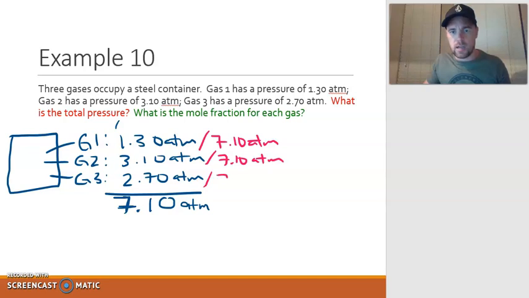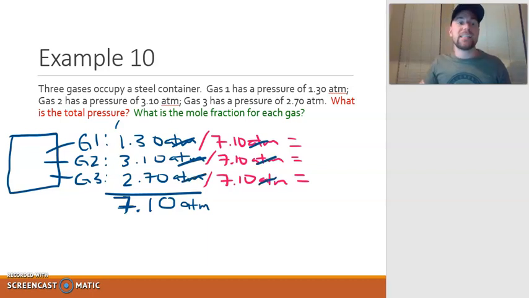I'm going to get it all set up here, and we're going to do the math. But before I do the math, I want to point out 2 things. Number 1, the atmospheres are going to cancel out, so our mole fractions will be unitless. Secondly, sig fig wise, you're taking 3 sig figs divided by 3 sig figs for all 3 of these, so my mole fraction should have 3 sig figs as well.